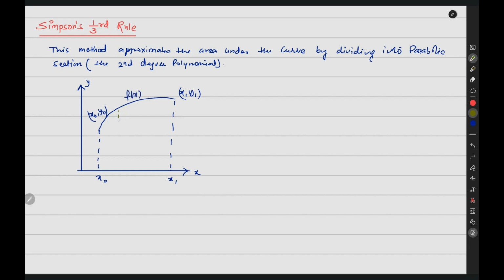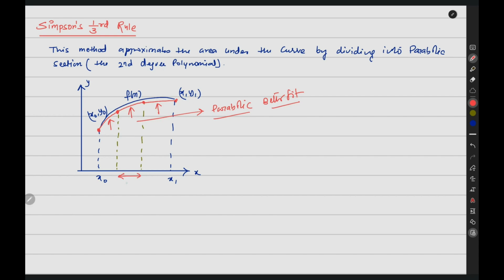Now when we will divide the intervals into sub intervals, we will approximate in this section as joining the two intervals, it will be like parabolic. Like in the previous case in trapezoidal, we have taken these subinterval parts as linear, but now we will take this as parabolic, which will form a much smoother curve and better fit.